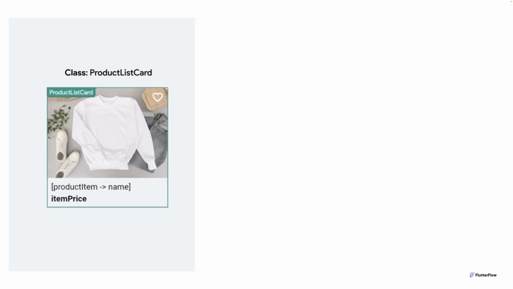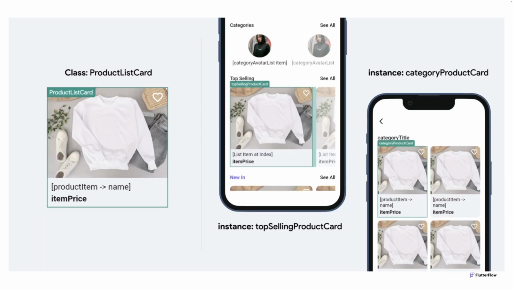Here, we created a class. When you place this product list card in different app pages, each one you add is an instance. For example, in the product list page, we have created an instance called top selling product card for use in the top selling section. Similarly, in the category product list page, we've created an instance called category product card.